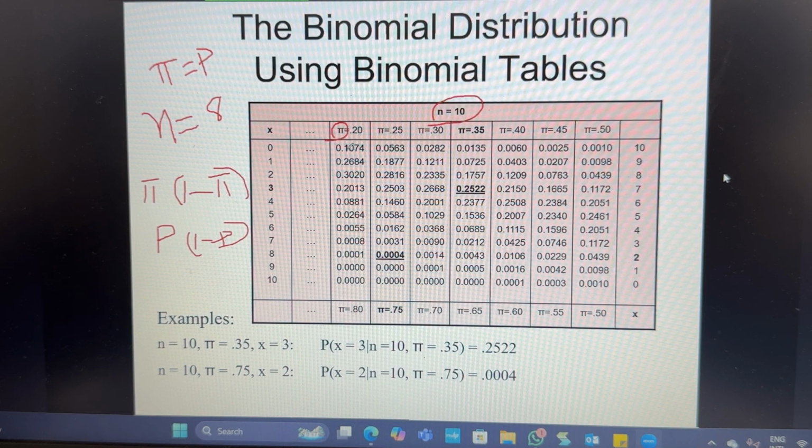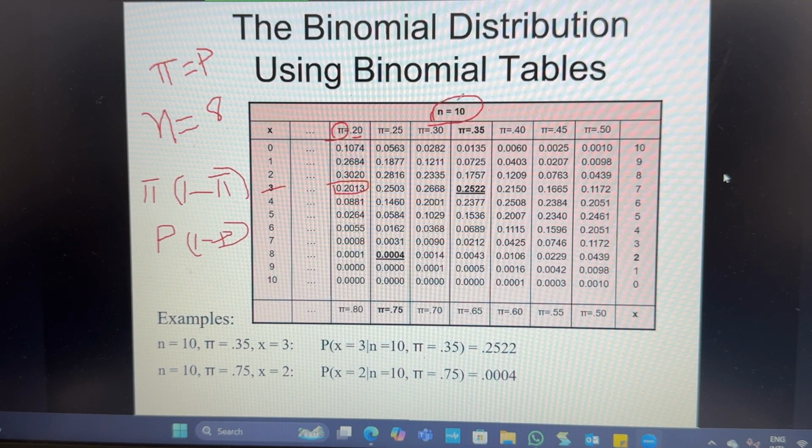So now the probability of interest is 0.2. If x is equal to 3, then what is the answer? You look here, this is the answer. You don't need to calculate, it's already there.